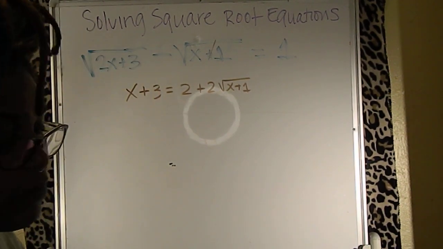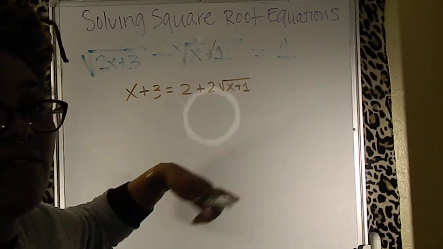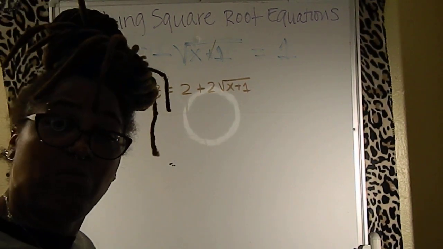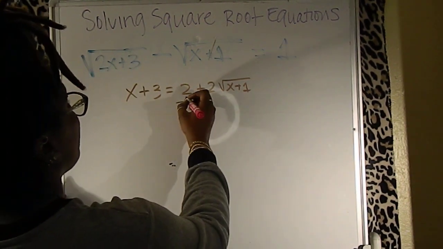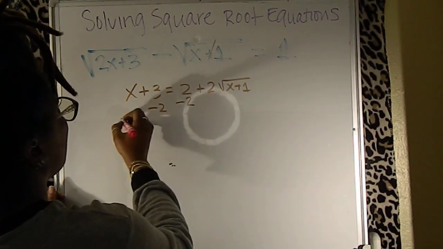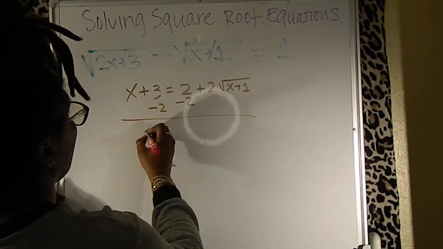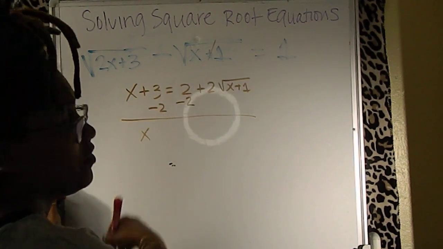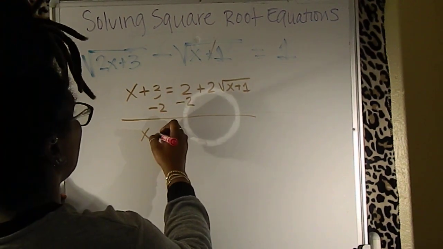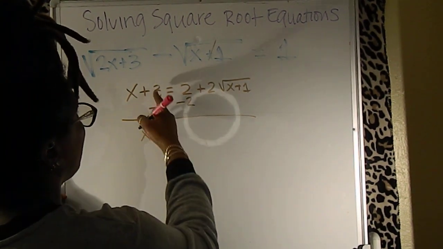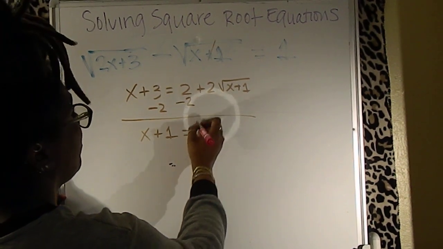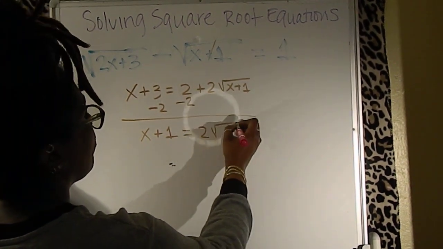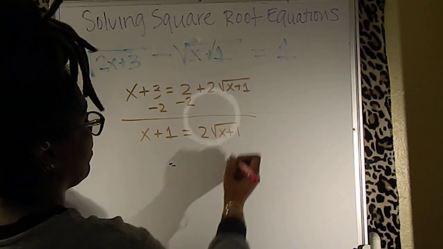So let me see. Let's move this 2. And this 2 being positive, that means we're going to have to use negative, right? Negative 2 here, negative 2 here. Bring down our x. What is 3 minus 2? Positive 1, right? Because the 3 is positive, 2 is negative. Bring down our 2 square root of x plus 1.